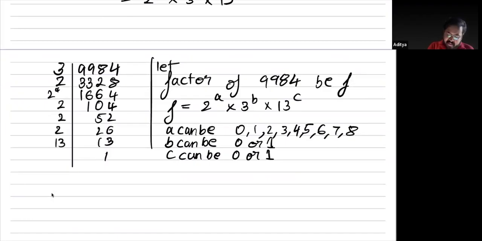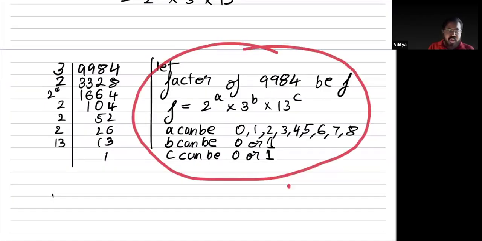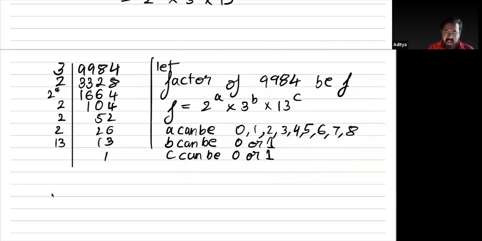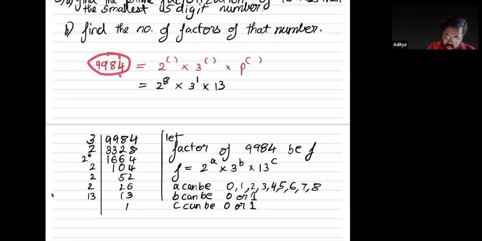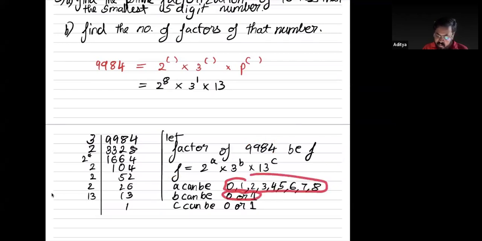Does everyone agree with this? Anyone confused over here? If you are confused, you won't understand the next step. If you're confused, I'll explain again. We have factorized 9984 into 2's power, 3's power, and 13. Now what I do next is I can let a factor of 9984 be f. Then that factor will also be 2's some power, 3's some power, and 13's some power. And those powers can be one of these numbers.